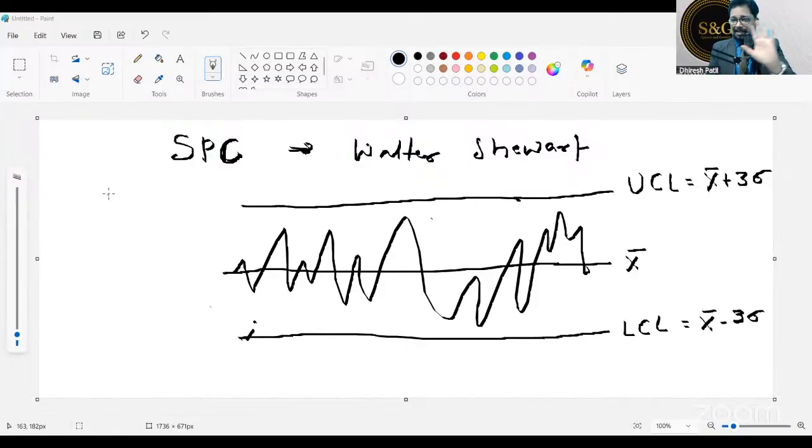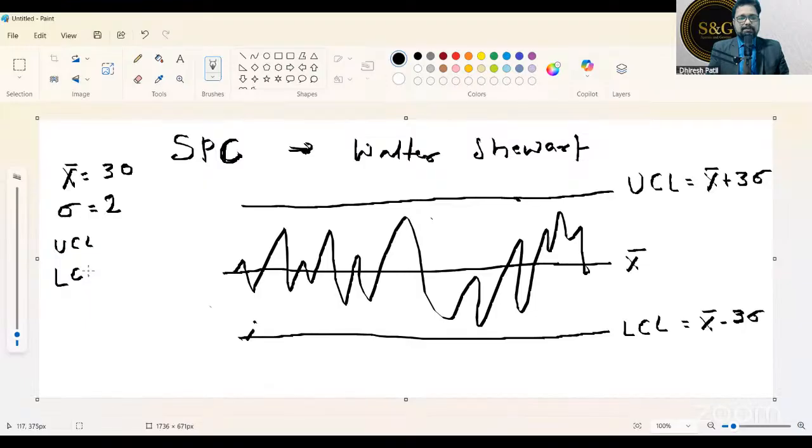Let's calculate this. Imagine there is one process where X bar is equal to 30 and standard deviation, which is sigma of that particular process, is, let's say, 2. Can you just calculate the upper control limit and lower control limit for me?